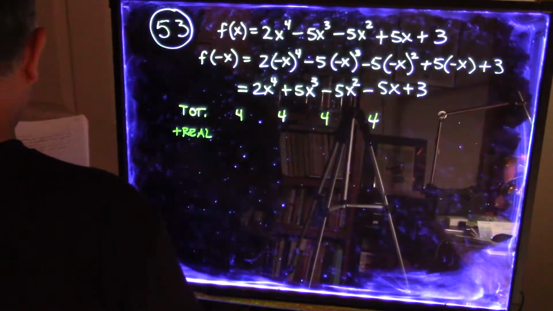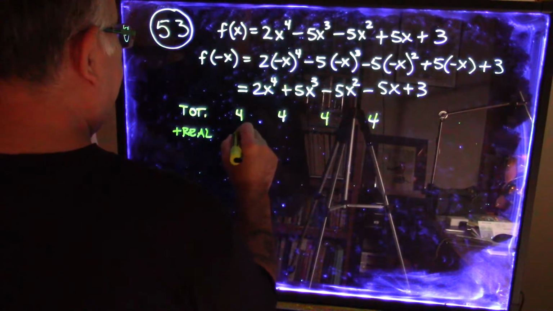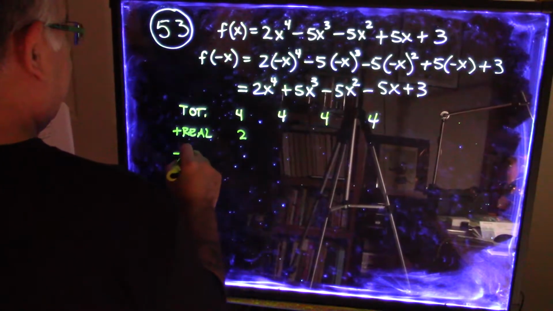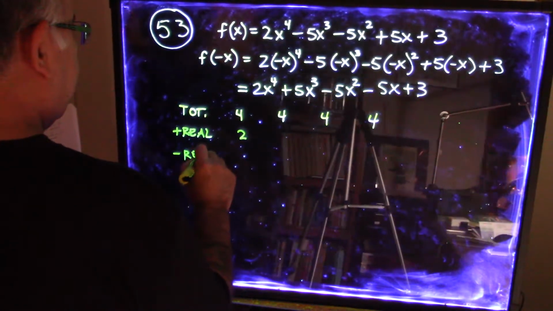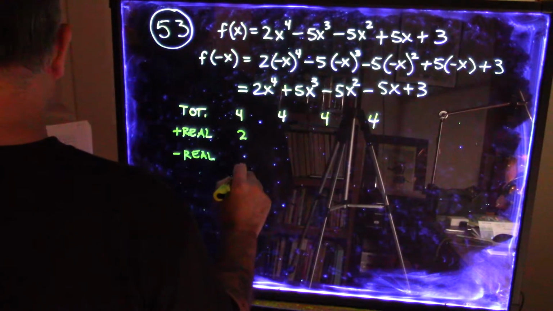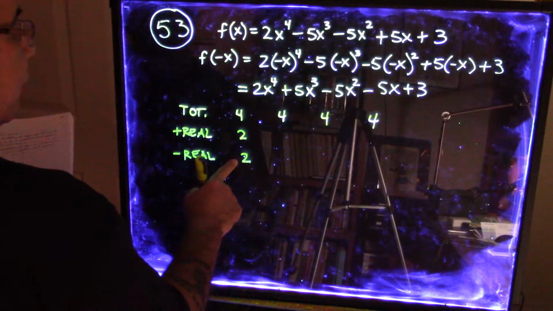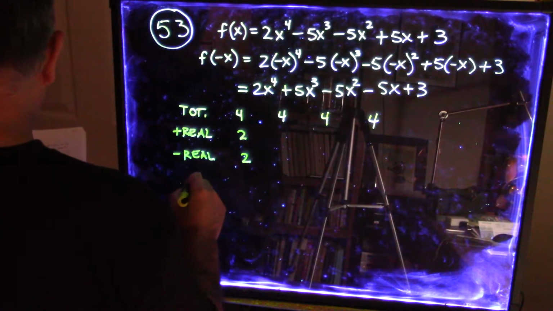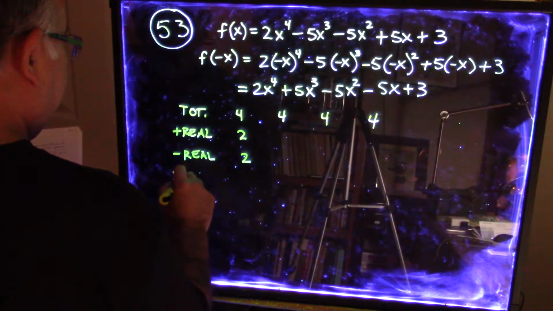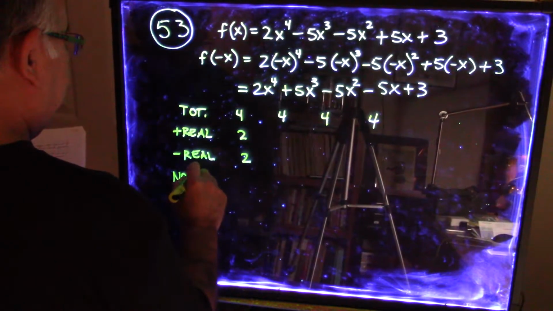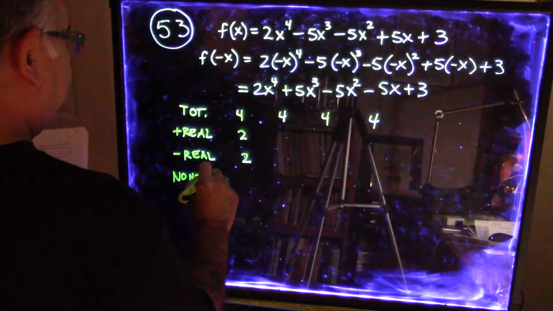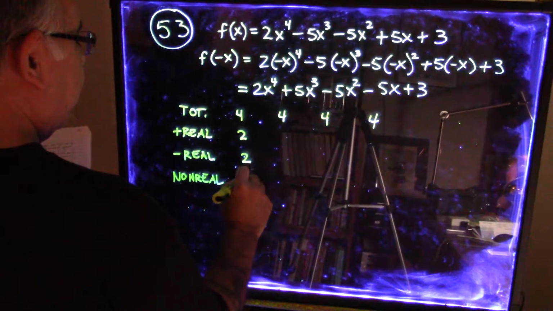So for positive reals, 2, negative reals, let's say 2, and 2 plus 2 is 4, so that takes care of the total. So there would be no non-real roots in this column, this possibility set here.